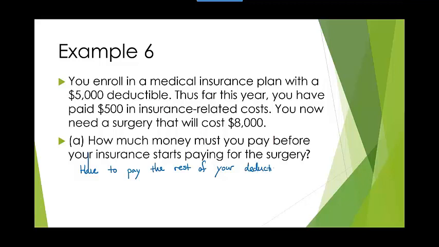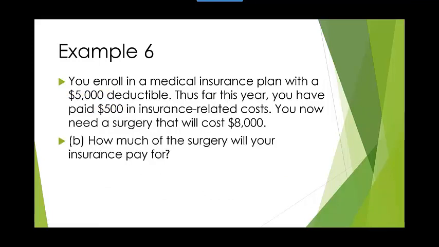They've given us the two monetary amounts here. So you have a $5,000 deductible, and you've used up 500 of it. So the stuff we have left to pay is 5,000 minus 500, which is equal to 4,500. So for this surgery, you have to pay $4,500 before your insurance will contribute.